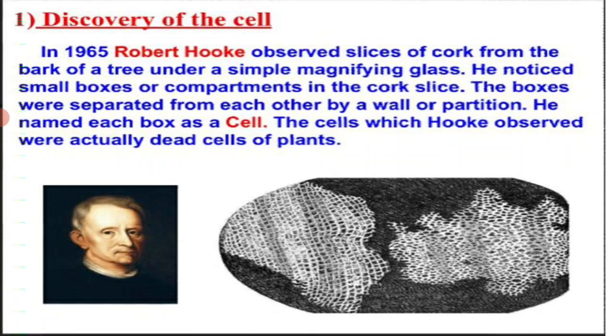So, dear students, the discovery of cells: in 1665, Robert Hooke observed a slice of cork from the bark of a tree under a simple magnifying glass. Cork is one of the substances from the bark of a tree.